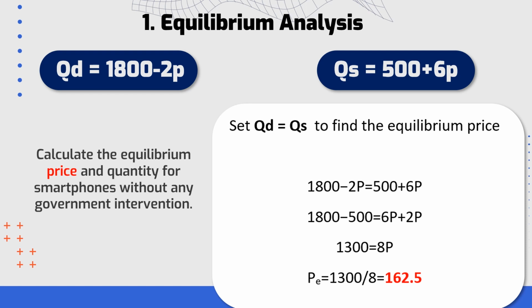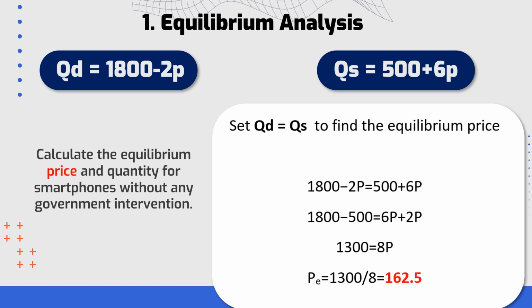So we have the demand and supply equations and the equilibrium price in this case. So we have one variable at the point of intersection of these two curves. So we have just to equalize them, which gives us 1800 minus 2p equals 500 plus 6p. Here we have 8p equaling 1300.